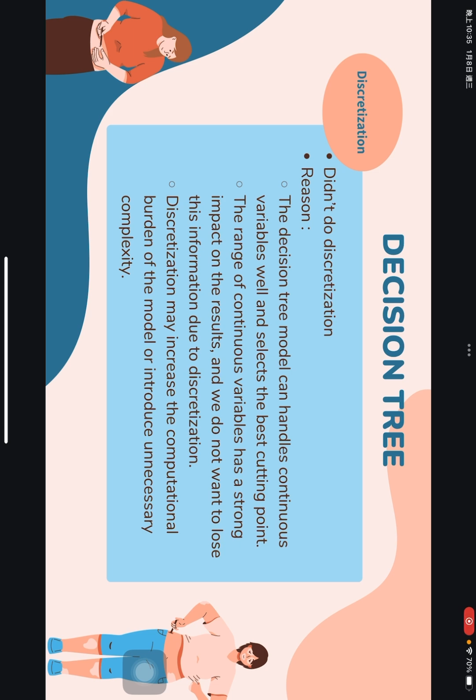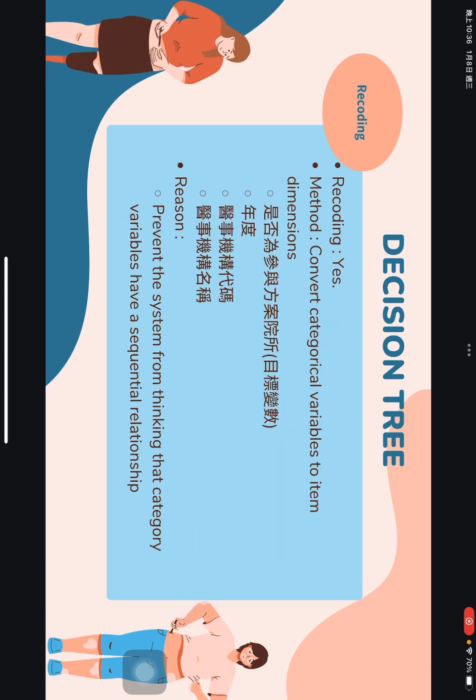The decision tree model is not discretized because the model itself can handle continuous variables well and automatically select the best cutting point. If continuous variables are discretized, the important information hidden in them may be lost, and it even increases the complexity of model calculation. Next is recoding.